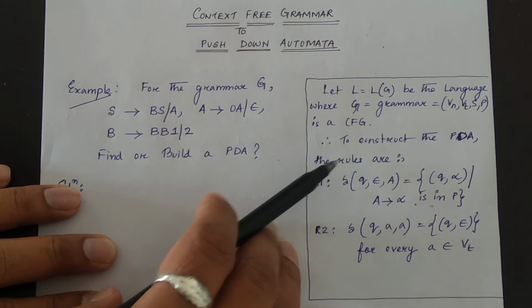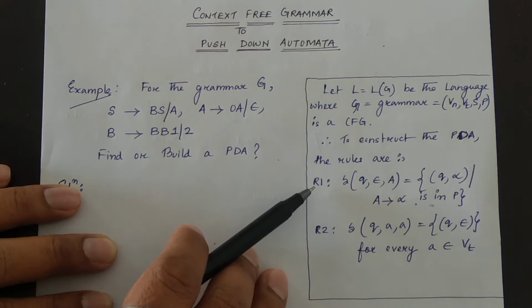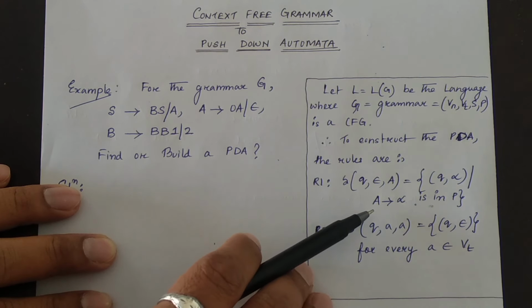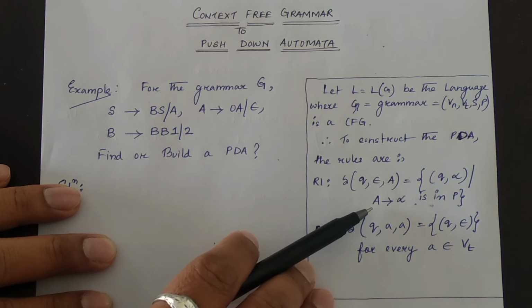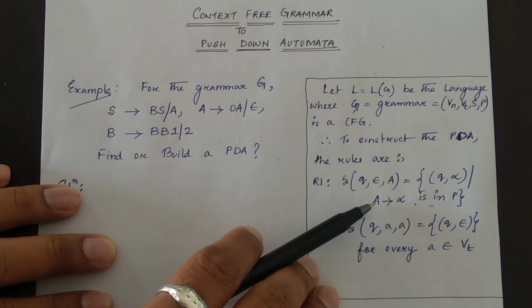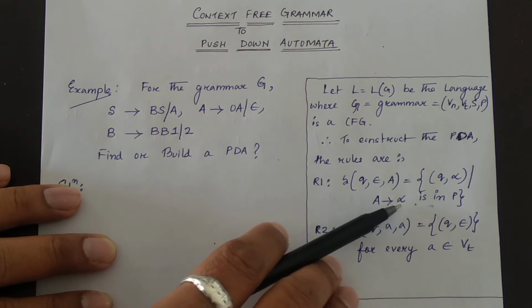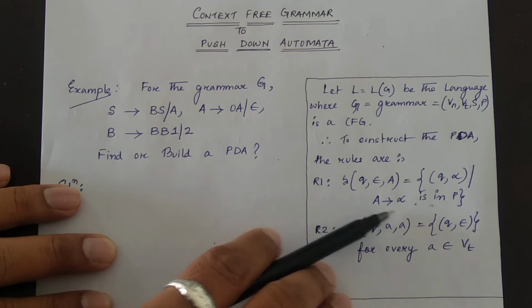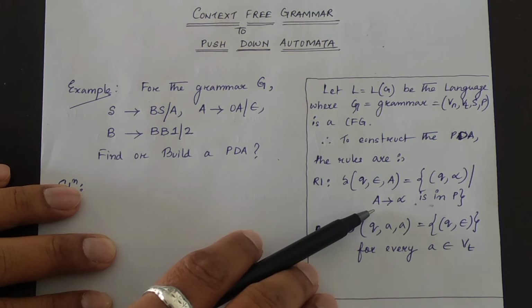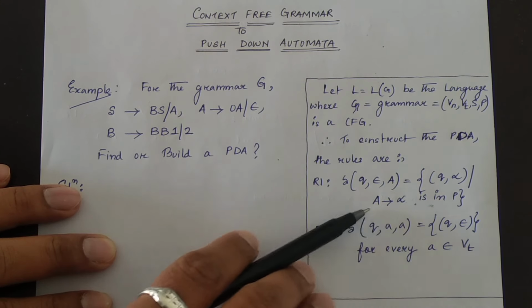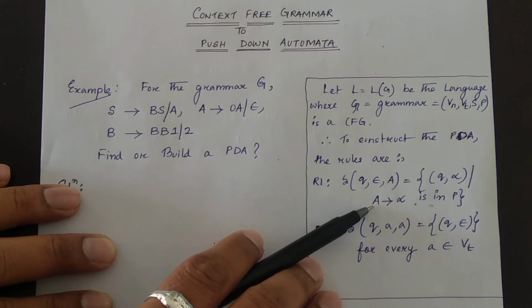So to construct a PDA, rule number one: if A derives alpha is in P, that means we get a particular production in this form, where A is nothing but a non-terminal symbol.